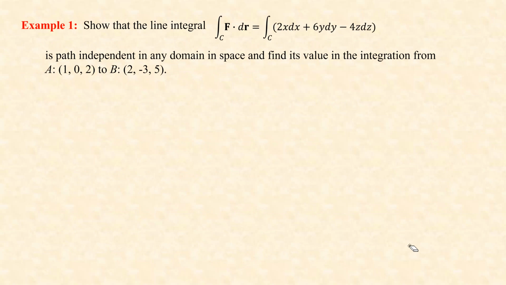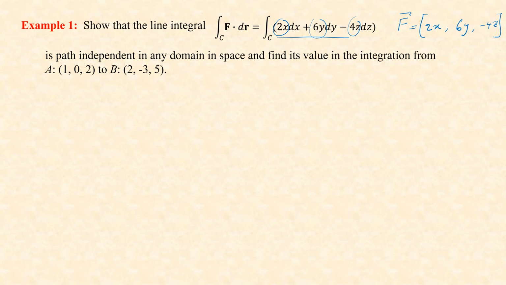Example one says to show that the line integral of F dot dr, where the vector field F has these components, 2x, 6y, and negative 4z, is path independent in any domain in space, and find its value in the integration from point A to point B.